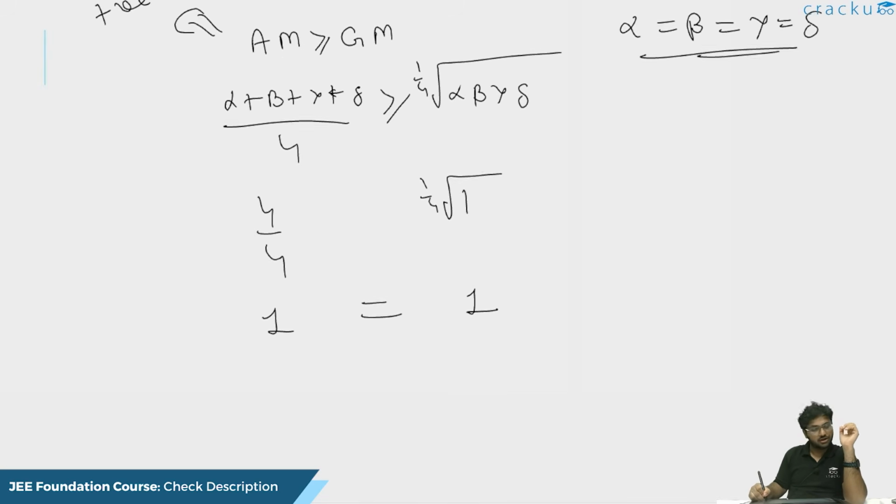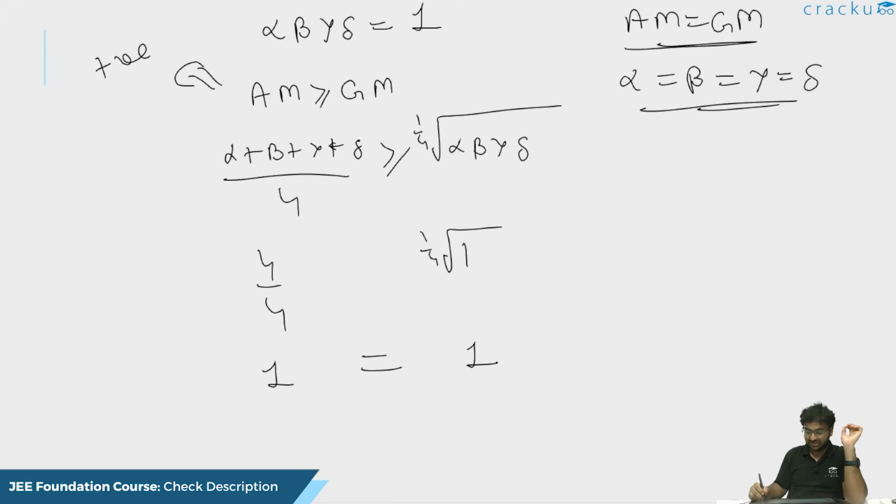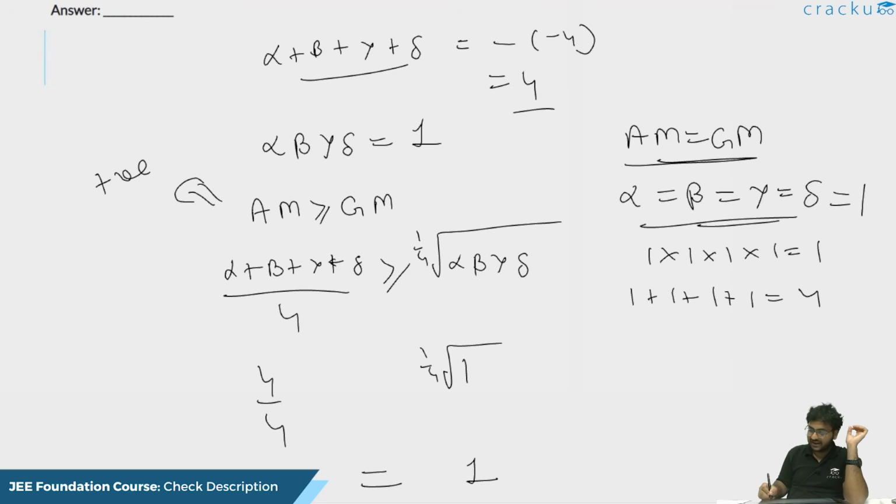So we know the roots. As 1 into 1 into 1 into 1 is equal to 1, and 1 plus 1 plus 1 plus 1 is equal to 4. How did I get 1? Alpha beta gamma delta is equal to 1, and since AM is equal to GM, all the roots are equal.